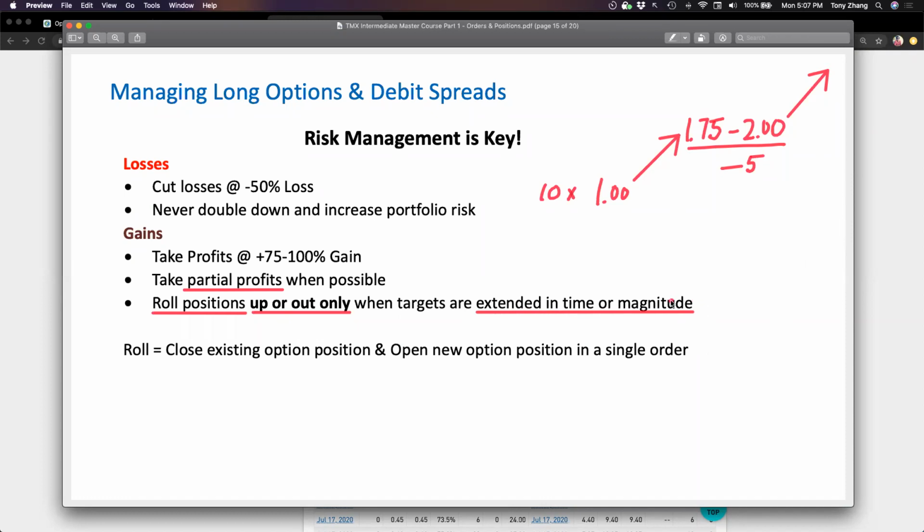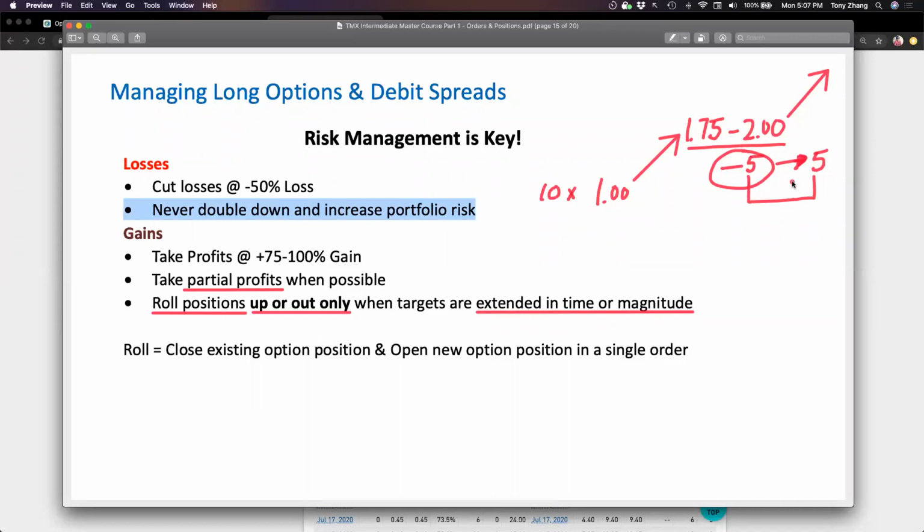A roll is simply a single trade where you're closing out an existing position and establishing a new position as a result of it. And you're doing it, generally speaking, in a single trade where you're closing out an existing position and establishing a new one. That is what we refer to as a roll.